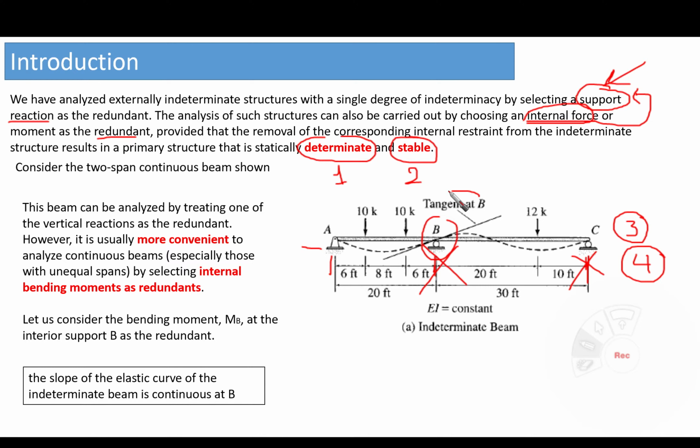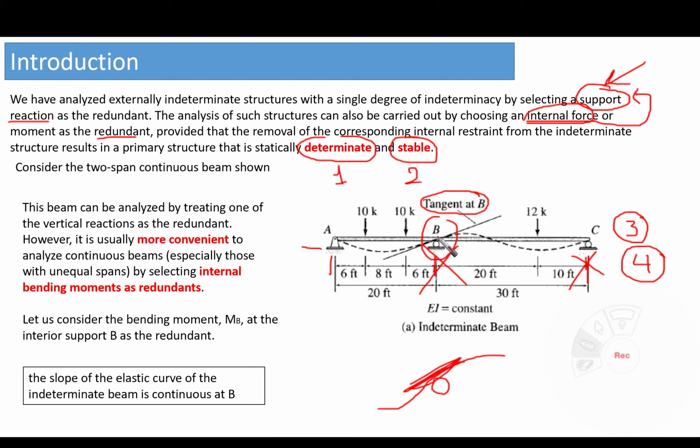So this is what we call the tangent at point B, and you are going to find that the elastic line is smoothly changing. It is something like this. It is smooth.